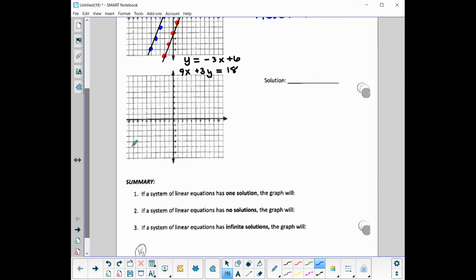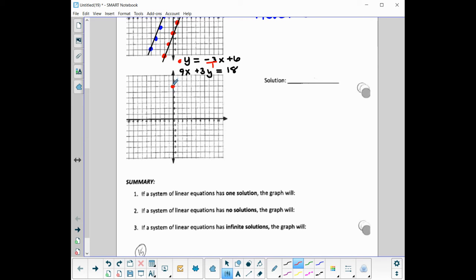So let's do this as our second system. y equals -3x plus 6 and 9x plus 3y equals 18. So the first equation is good to graph. It's in slope-intercept form, so we're good to start. So my y-intercept is 6, and my slope is -3 over 1.